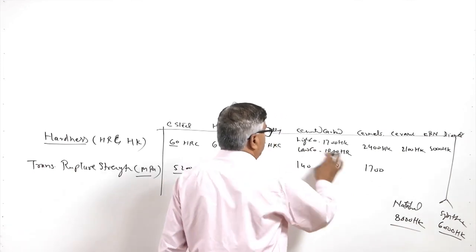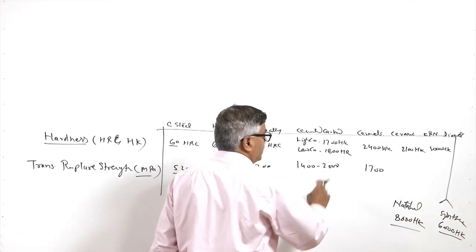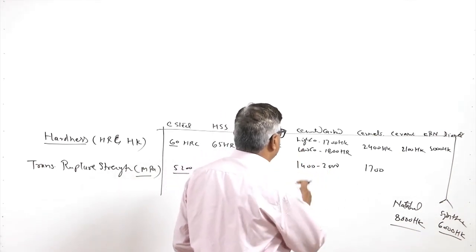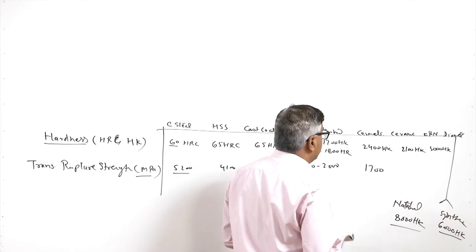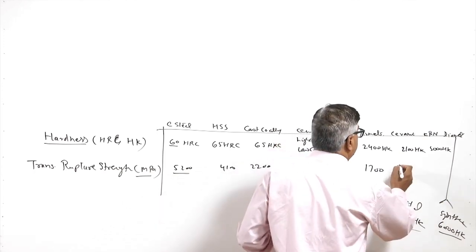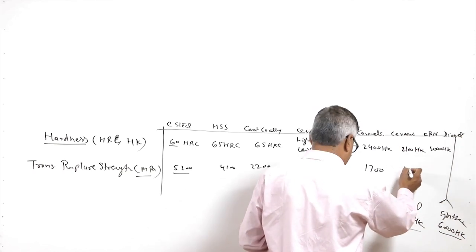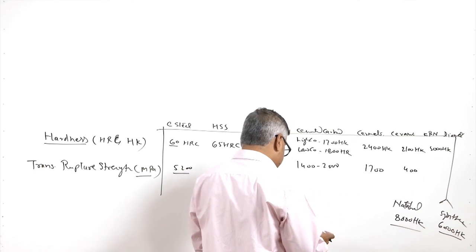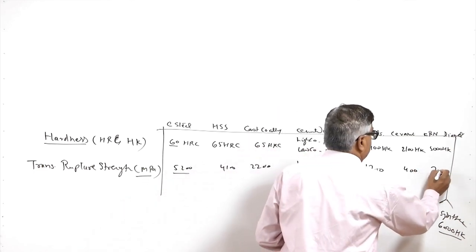For high cobalt content, the rupture strength is high at 2000 MPa. For low cobalt, it is low, like 1400 MPa. For cermets it is 1700. For ceramics, it is 1700. For alumina ceramics, it is only 400, and for the CBN, it is 700.